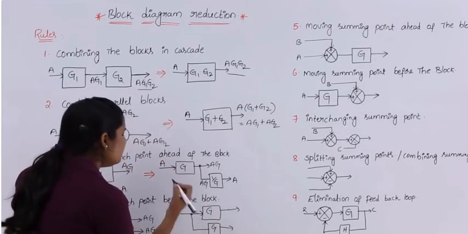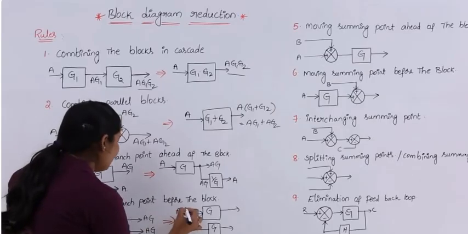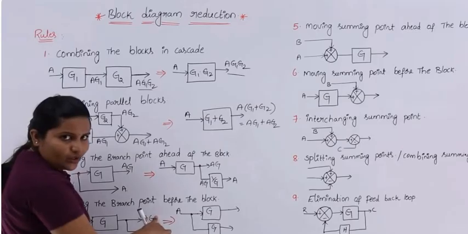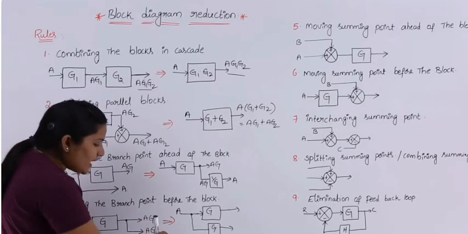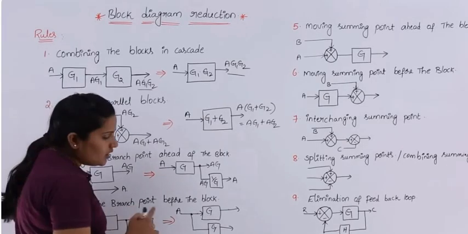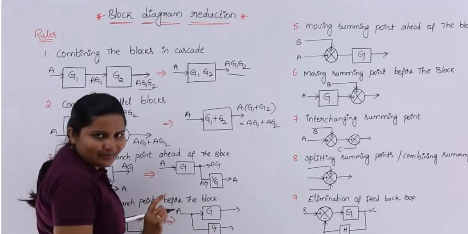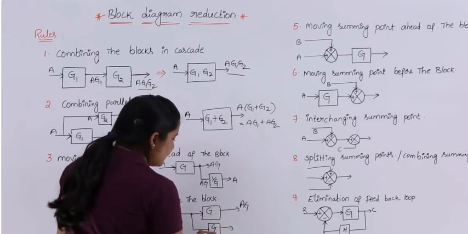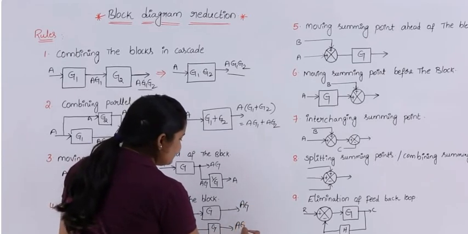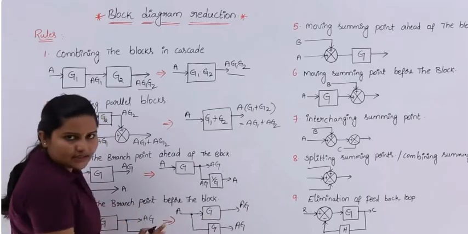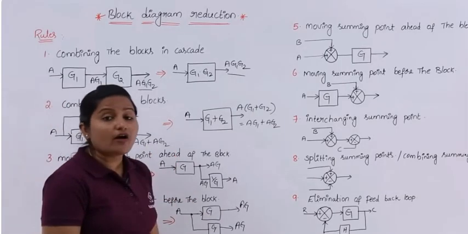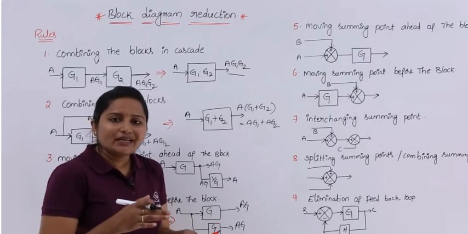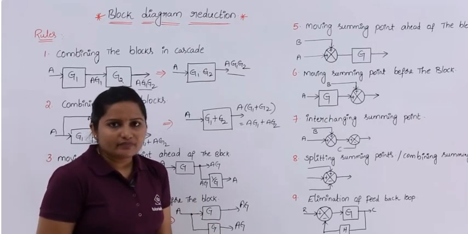So now, for example, if you have A here, through the actual path you have AG, and through the branch path you also have AG. Here also you need to get the same. So in the actual path you have AG, and in this path also you have AG. So outputs are the same. Outputs must be the same. After changing the block diagram also, your inputs and outputs must be the same.